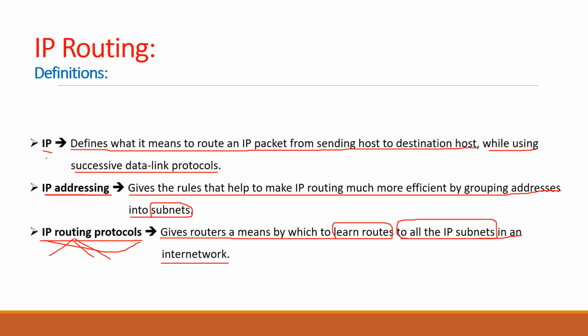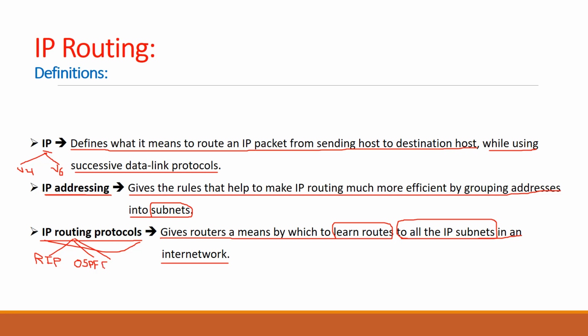And there are different types of IP routing protocols, and there are different versions of IP. We have IP version 4 and IP version 6. And for the routing protocols, we have RIP, we have OSPF, just for your information. And there are chapters for each one of these routing protocols. We are giving fundamentals here.